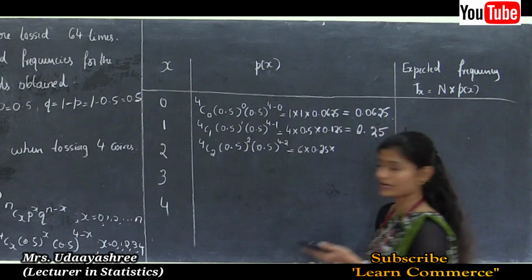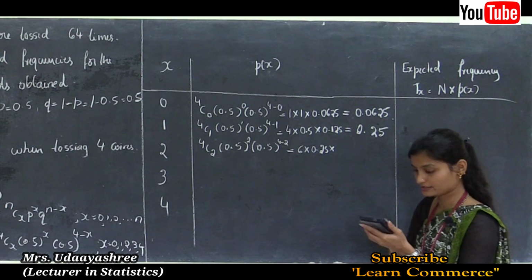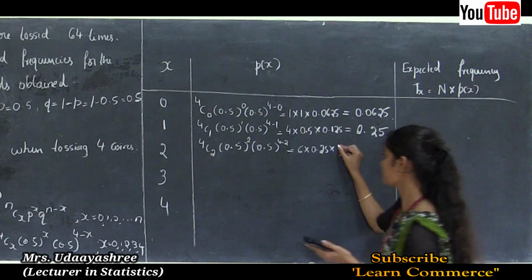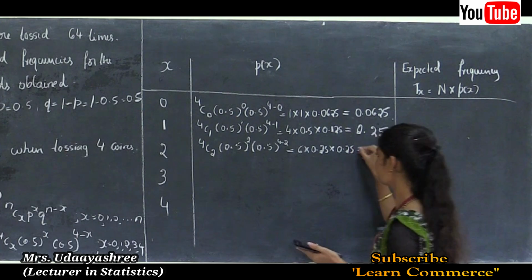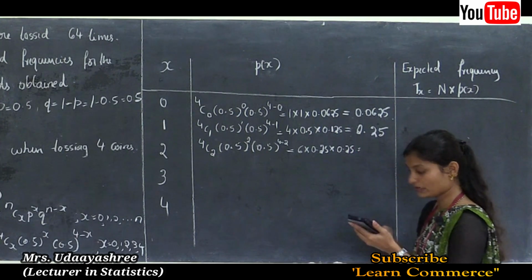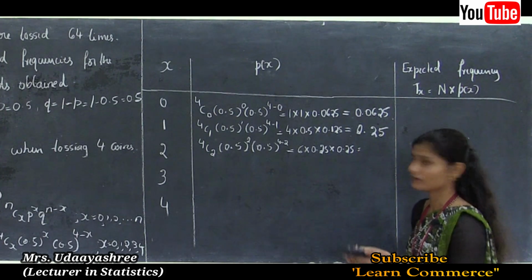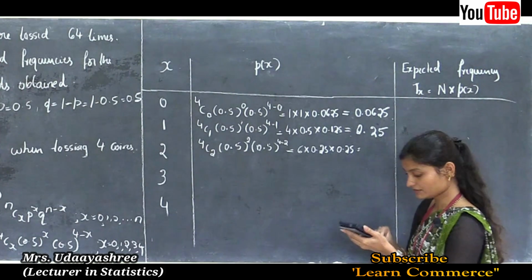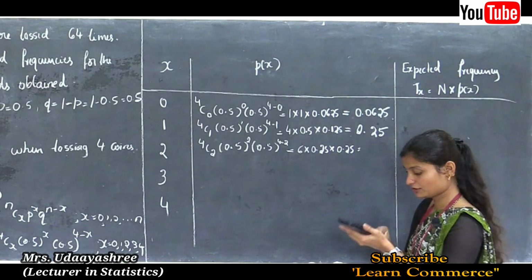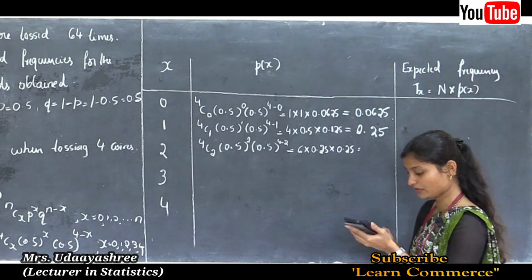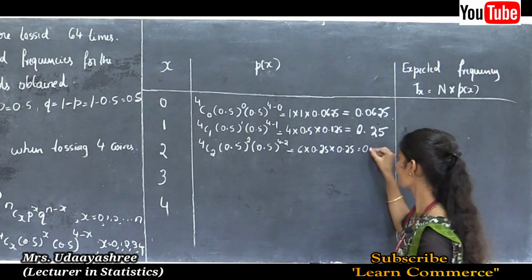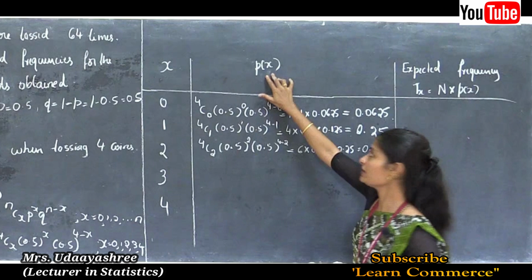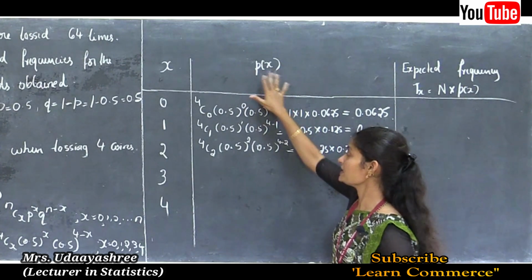So 0.5 to the power 2 is 0.25. This is equal to 0.25 into 0.25, that is 0.0625, into 6. 6 into 0.0625 is 0.375.